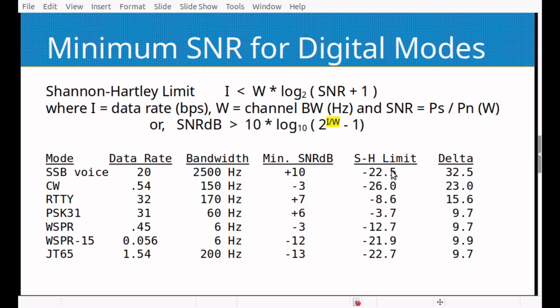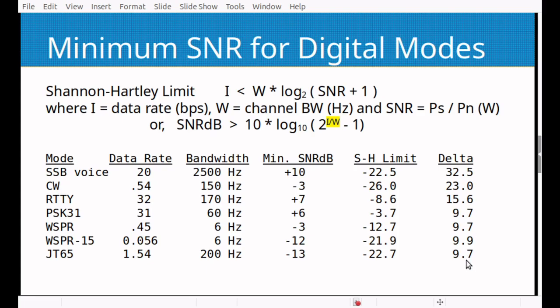So what this says is single sideband voice is a long way from the Shannon-Hartley limit, which means it's a very inefficient, or not a robust, form of transmission. CW is 23 dB from the theoretical limit, and RTTY is 16 dB.